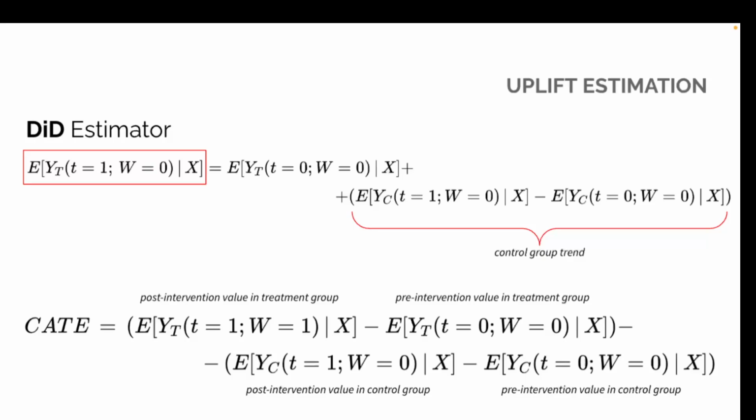Now you see that I'm adding up the first term and the one in the parentheses. Why? Because I'm saying that whatever change I observed in the control group, the same change would have happened in the treatment group without the intervention. That's very simple, I think.